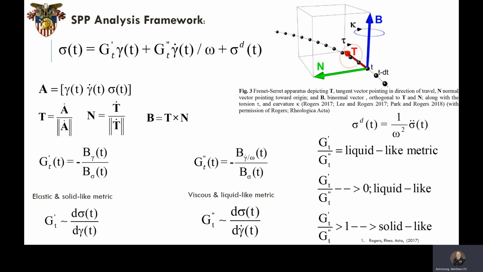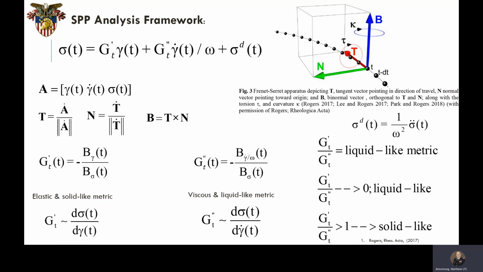And so we want to ask ourselves the question, how does our metric of structure, in this case we call it lambda, marry up with the elastic and viscous signatures? We're using an objective framework called the Sequence of Physical Processes, SPP, to analyze the signal.